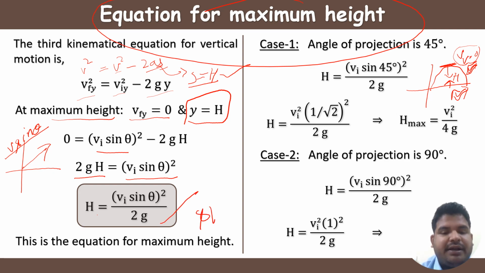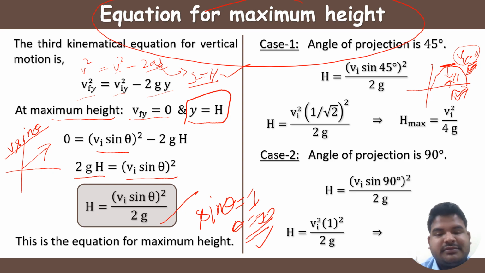So sin theta will be maximum when it is 1, theta is equal to 90 degree. This is the equation of maximum height.